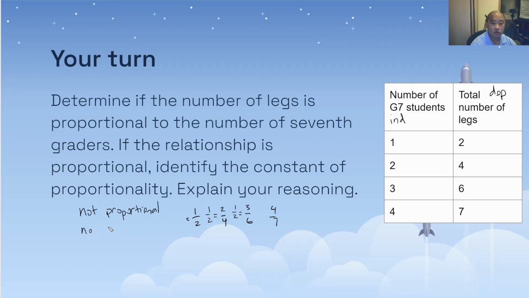There's no constant of proportionality. Therefore, this is not a proportional relationship. All of these ratios do not equal each other because of this one. And that is the reasoning.